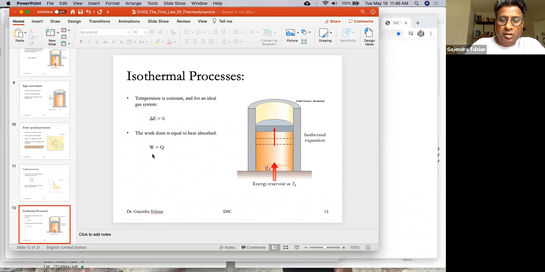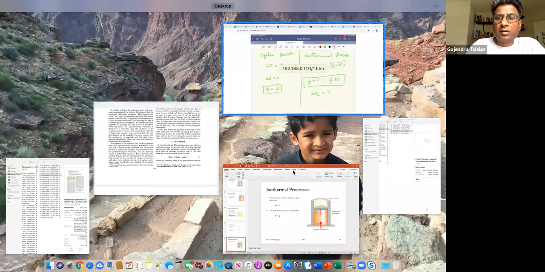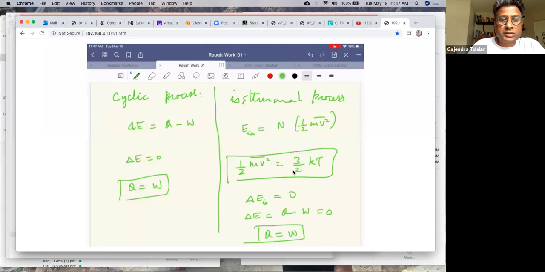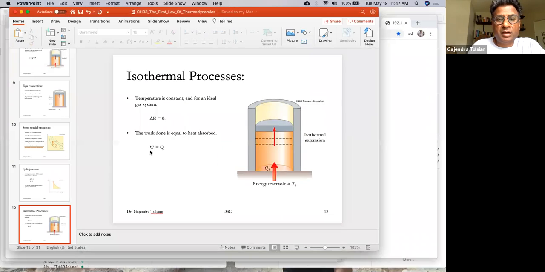And so since delta E is Q minus W, which is 0, Q is W. Just like for a cyclic process, any work done during an isothermal process is equal to the heat added to the system.